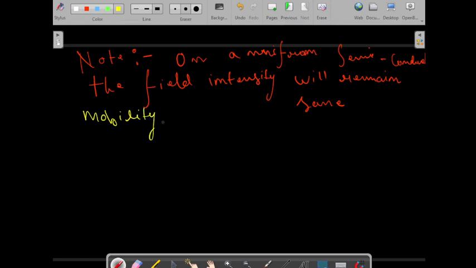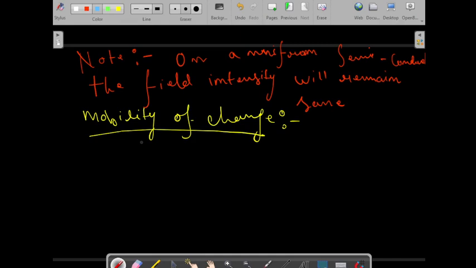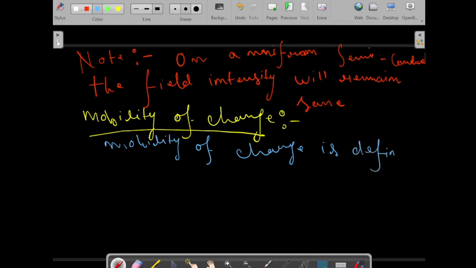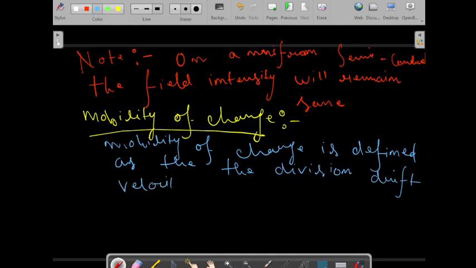Mobility of charge is defined as the division of drift velocity to field intensity.